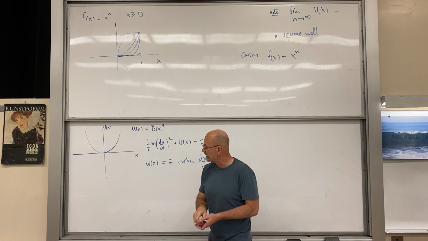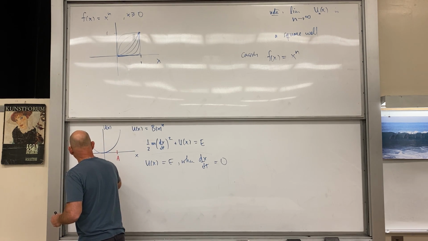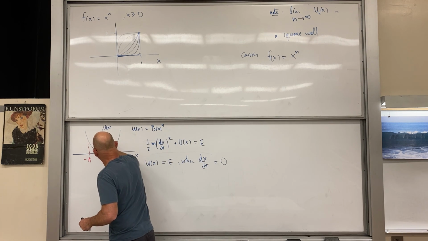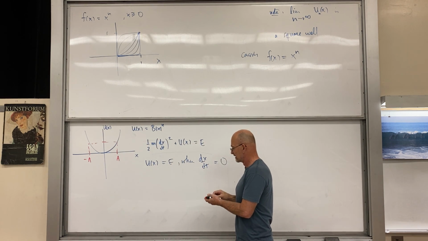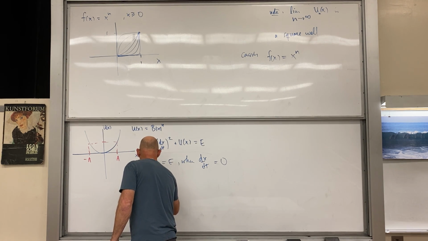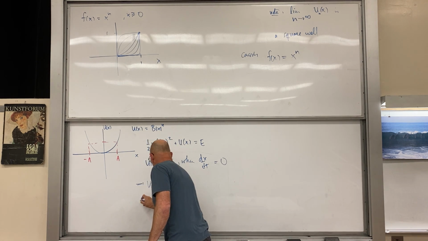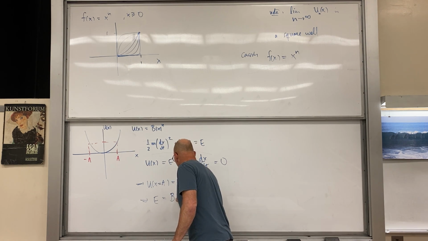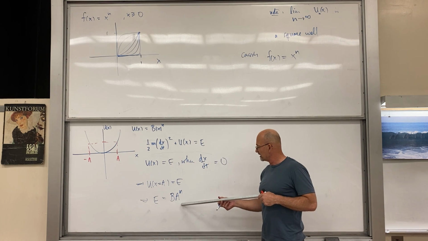And in a scenario like this, you can say that's when we come out to plus or minus a. So we're here, and then u of a is equal to e. So therefore, u of x equals a is equal to e, and that means that e is equal to b a to the n.